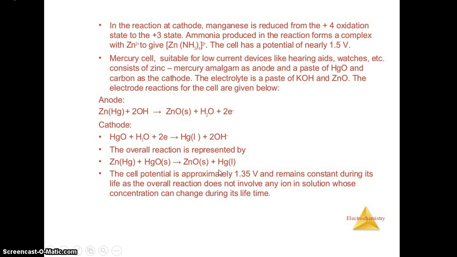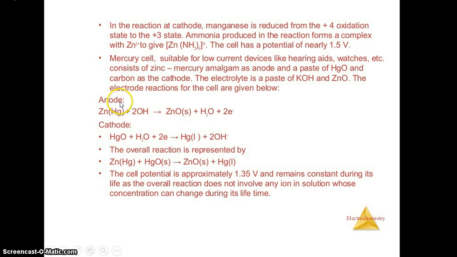Mercury cell is also another kind of primary battery. In mercury cell, mercury amalgam is used as anode and a paste of mercury oxide and carbon as cathode. Here the electrolyte is a paste of KOH and zinc oxide.